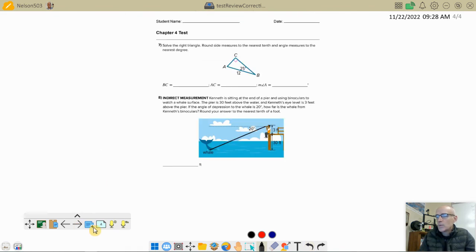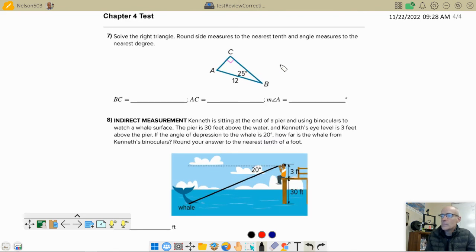Next one, number 7. It says we're supposed to find angle A. So A is right over here. So I go 90 minus 25, 90 minus 25 is 65. So this is 65 right there. 65 goes on this blank.